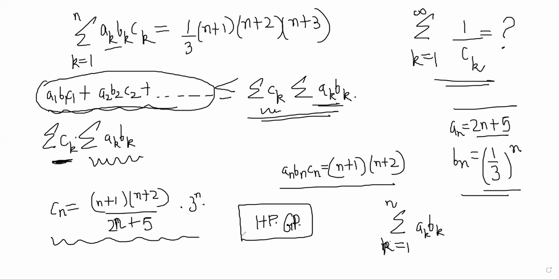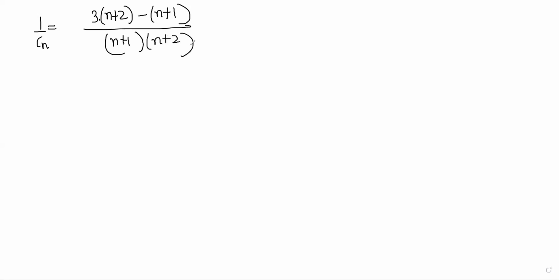I just don't see the trick there. 1 by Cn is 3 times (n plus 2 minus n plus 1) by (2n plus 5)... no, not that. In the denominator, you have n plus 2, n plus 1, and 1 by 3 power n.